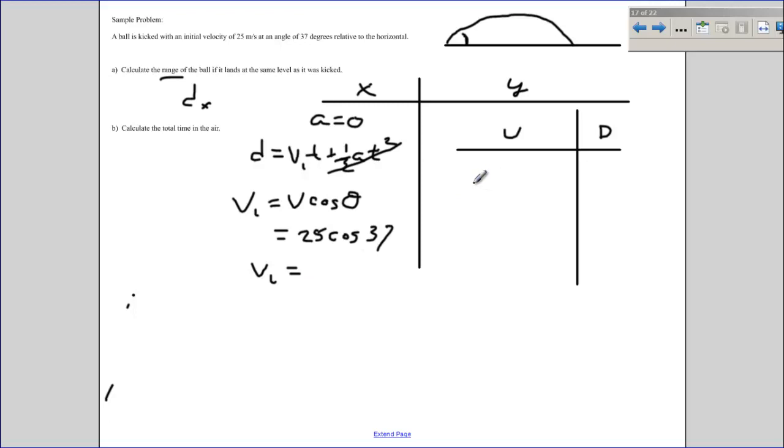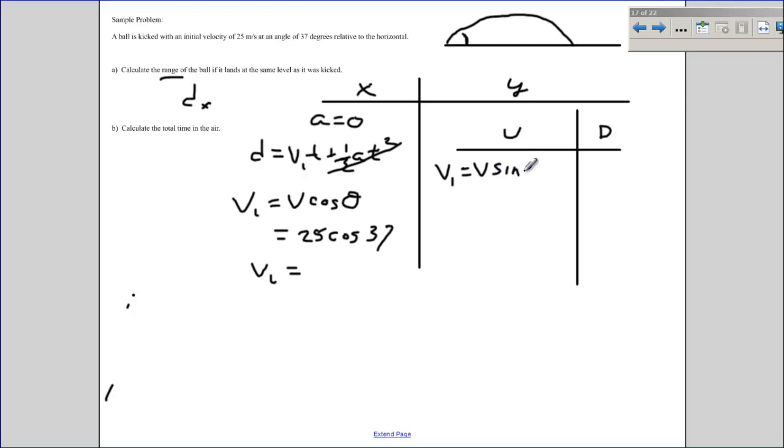Now all I have to do is get my time. Of course, I can't get time in my x component, so I'm going to have to go over to my y to get my time. This is very similar to what you did a couple thousand times last year. When I'm doing the problem as an up, I have to get my initial velocity. My initial velocity is going to be my given v, at 37 degrees, but now I'm going to be using the sine function, because I'm looking for the y component of that.